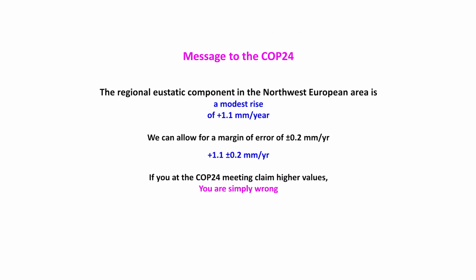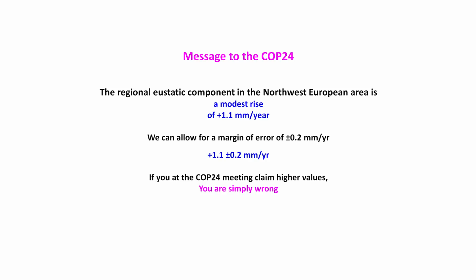So then I have a message to COP24. The regional eustatic component in the North region is a modest rise of plus 1.1 millimeter a year. You can allow for a margin of error of about 0.2. So say 1.1 plus and minus 0.2.